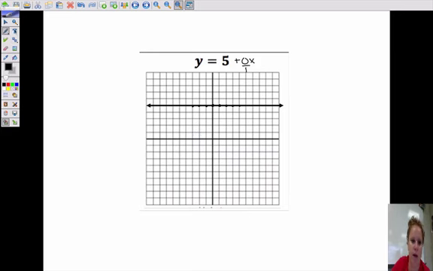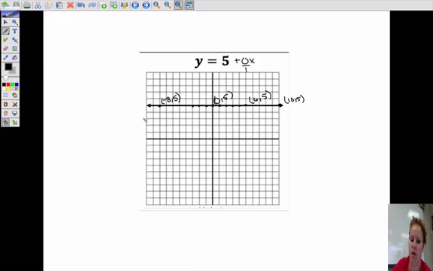Y is always 5. Here it's 0, 5. Here it would be 6, 5. Here it would be 10, 5. Over here it would be -8, 5. It's always 5.